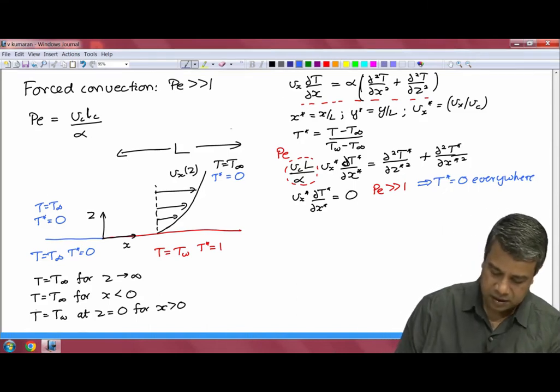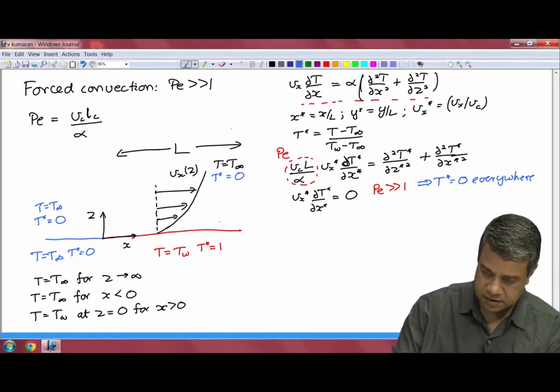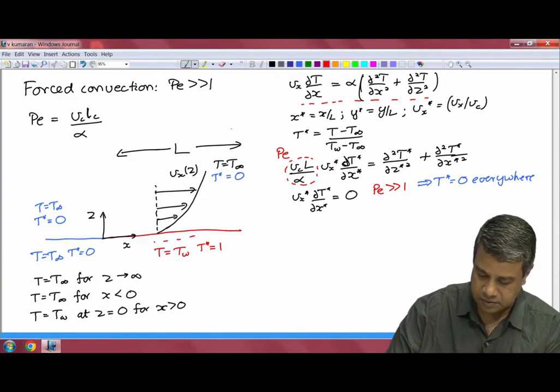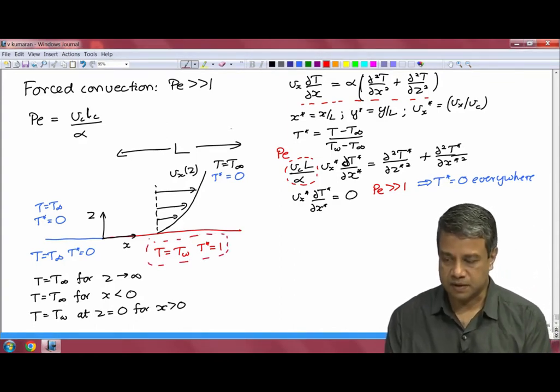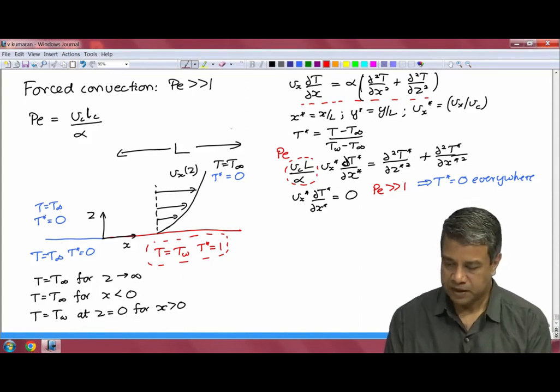And that does not satisfy the boundary condition here. If the temperature is just 0 everywhere, it does not satisfy the boundary condition.